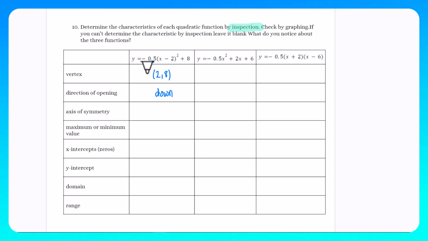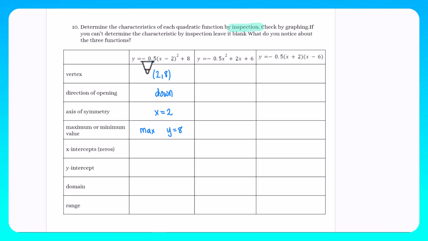The axis of symmetry, well, we know that comes directly from the vertex. In this case, it's x equals 2. And we know that it's going to have a maximum because it's concave down or opens down, and its maximum is the y value of that vertex.